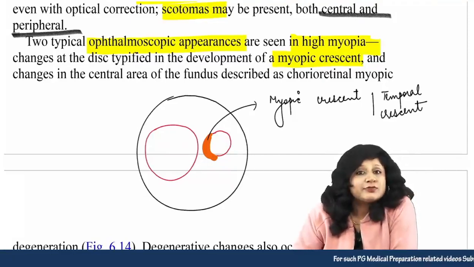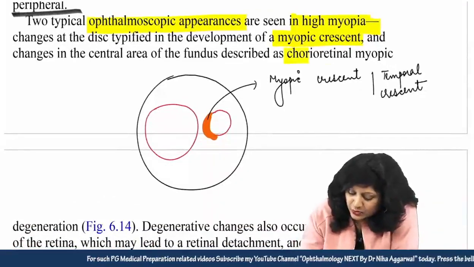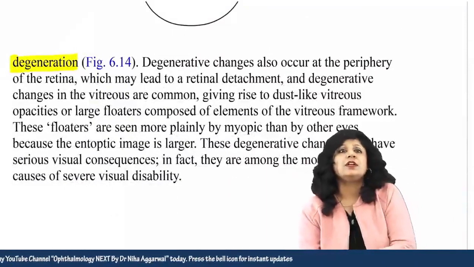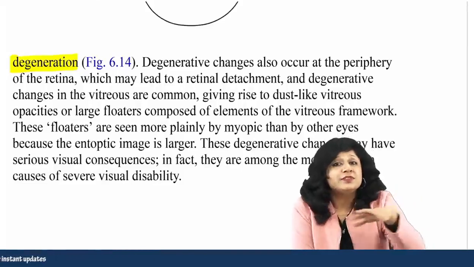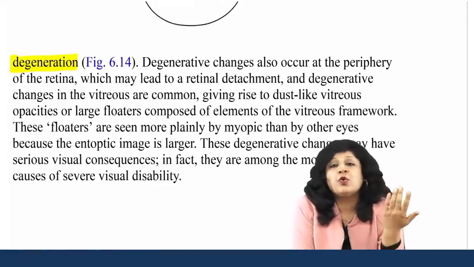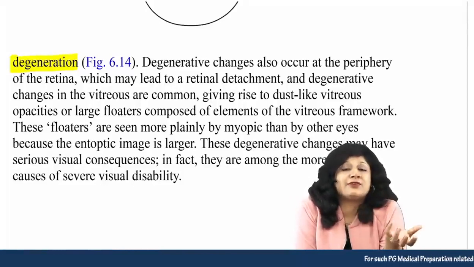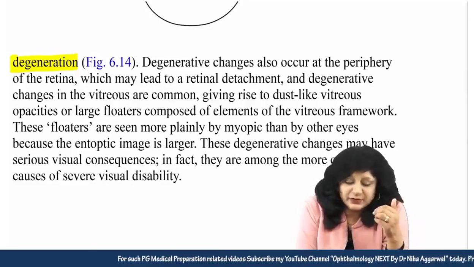So there are a lot of changes that you see here. Then you also have chorioretinal myopic degeneration, because in high myopia there is so much thinning of the retina, there is overstretching, that the choroidal vessels behind appear very prominently, and that is why the fundus is called the tigroid fundus or the tessellated fundus.